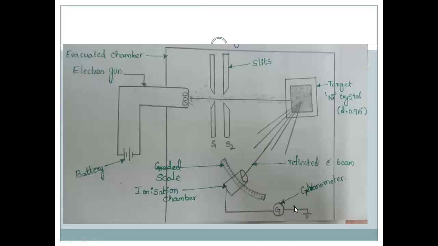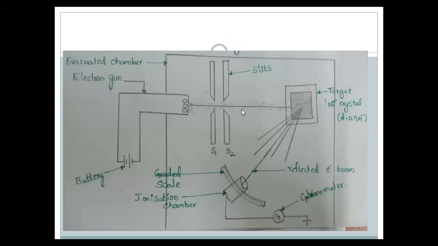Then there will be a doubt that since electrons are striking the target material, there is a chance that electrons can be emitted from the target material also. So the electrons which are incident on the target are called primary electrons, and the electrons which are emitted out of the target material are called secondary electrons. Two sorts of electrons will come out here.